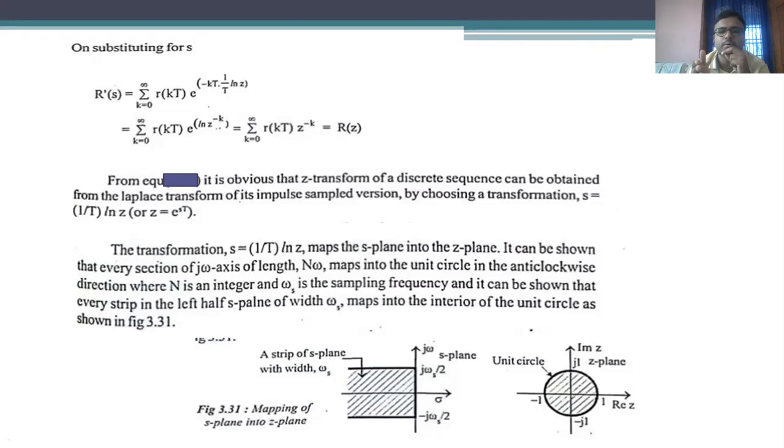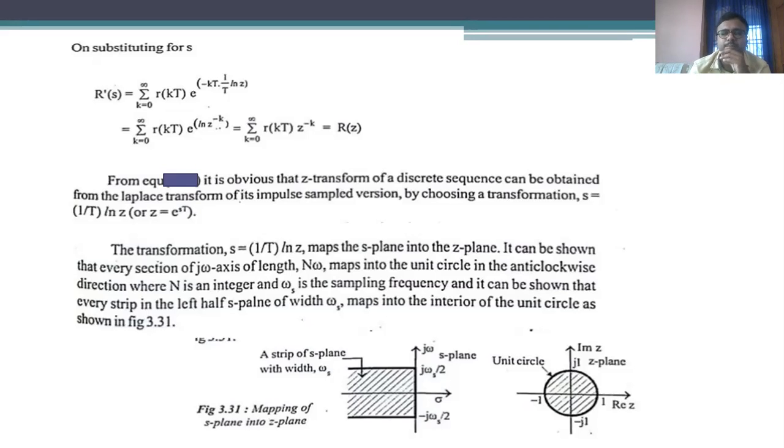Okay. So now we are going to see the mapping conditions, the diagrammatic or pictorial representation of the mapping of the S-plane with the Z-plane.